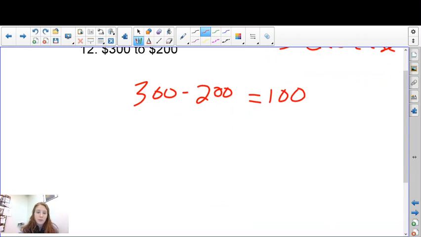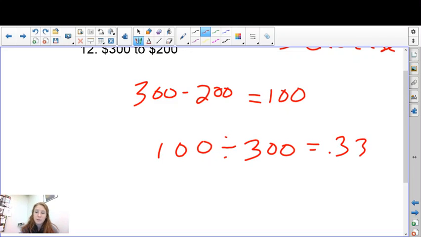And I'm going to take 100 divided by 300, because the 300 was the original price. And I get 0.333 repeating forever, and that is 33%. So number 12 is H.